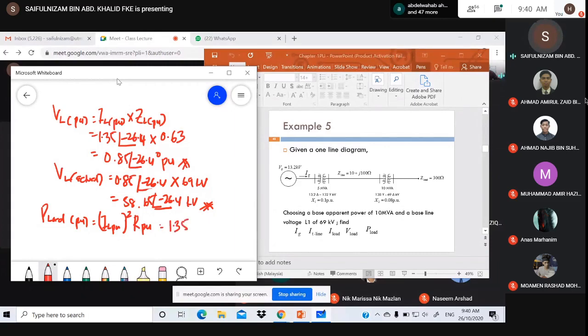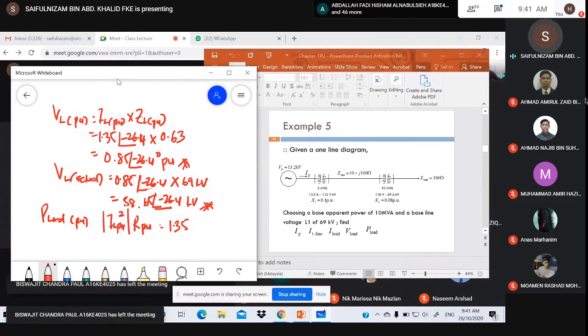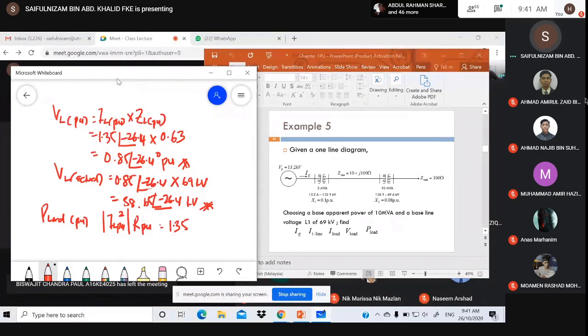Remember, for finding the real power, we only use the magnitude of the phasor current, not considering the angle, only the current magnitude.